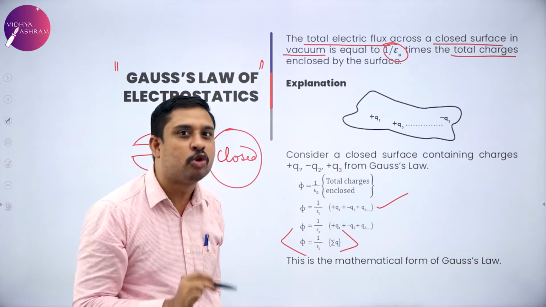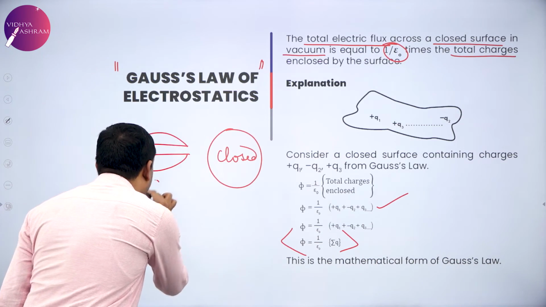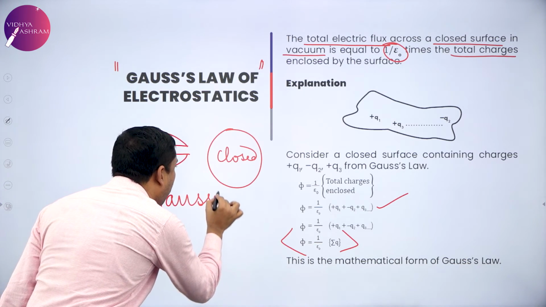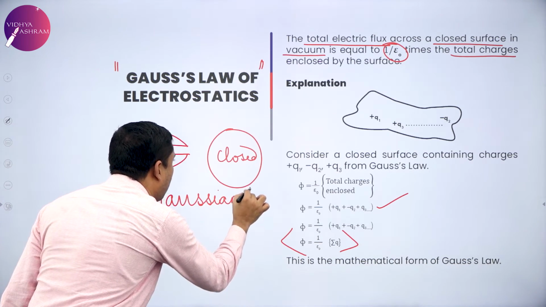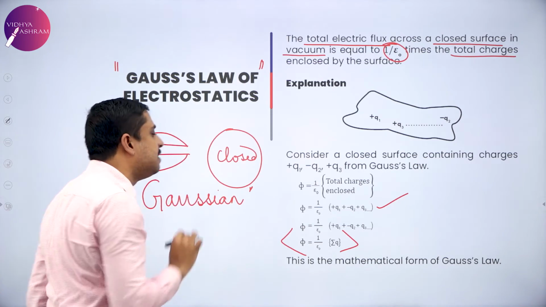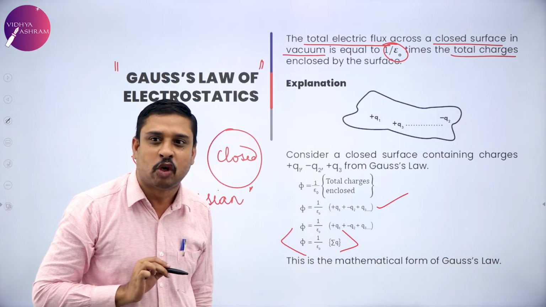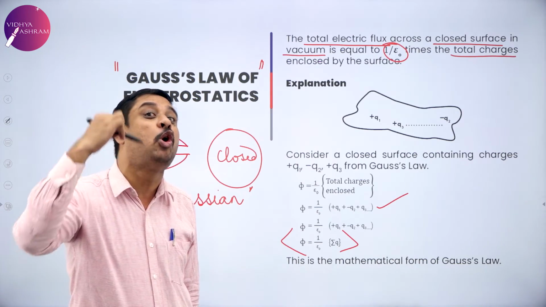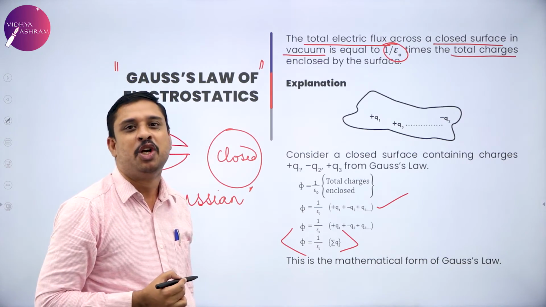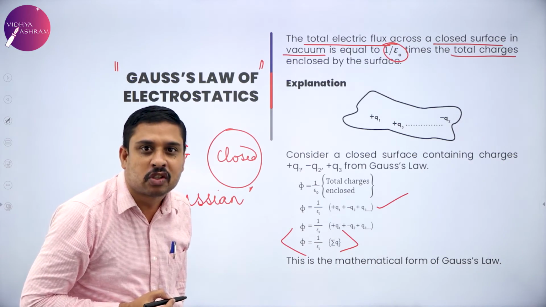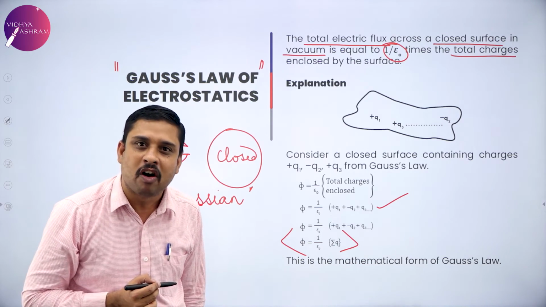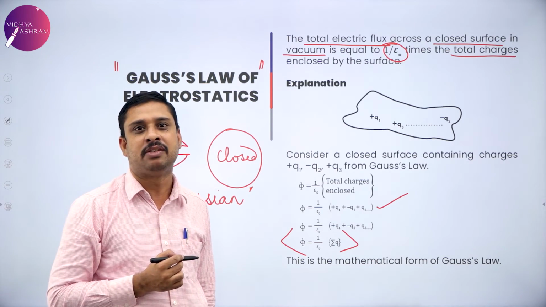And any closed surface to which we can apply Gauss law is what we call a Gaussian surface. So dear students, what is a Gaussian surface? Any closed surface to which Gauss law is applied is what we call a Gaussian surface.